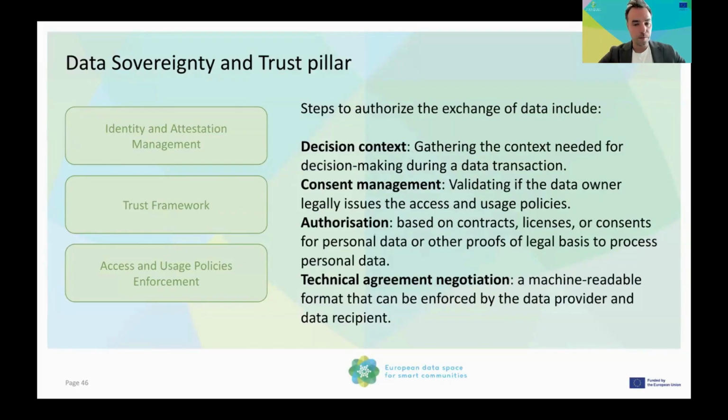There might be issues of consent management. If all of this is managed, then you still need to know if a participant is legally authorized to access the resource. So this might be based on contracts, licenses, or codes of conduct. And then finally, you will have a technical agreement negotiation. Ideally, this is a machine-readable negotiation or a smart contract that can be enforced between the data provider and the data recipient.